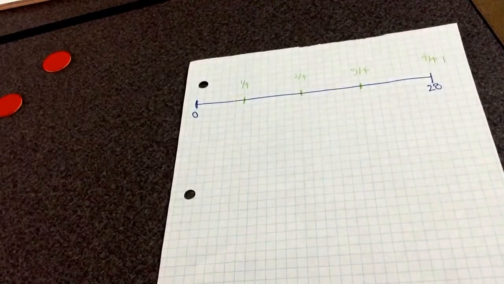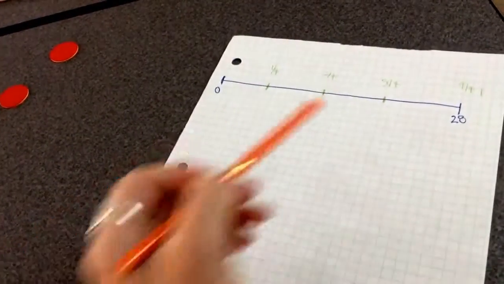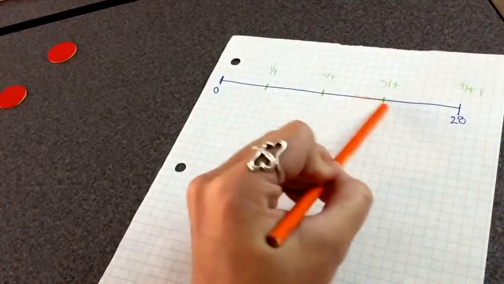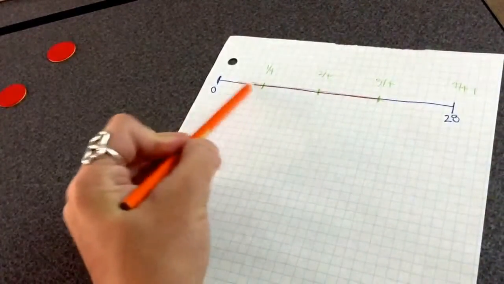So using a different color, we can shade 3/4 of our number line.